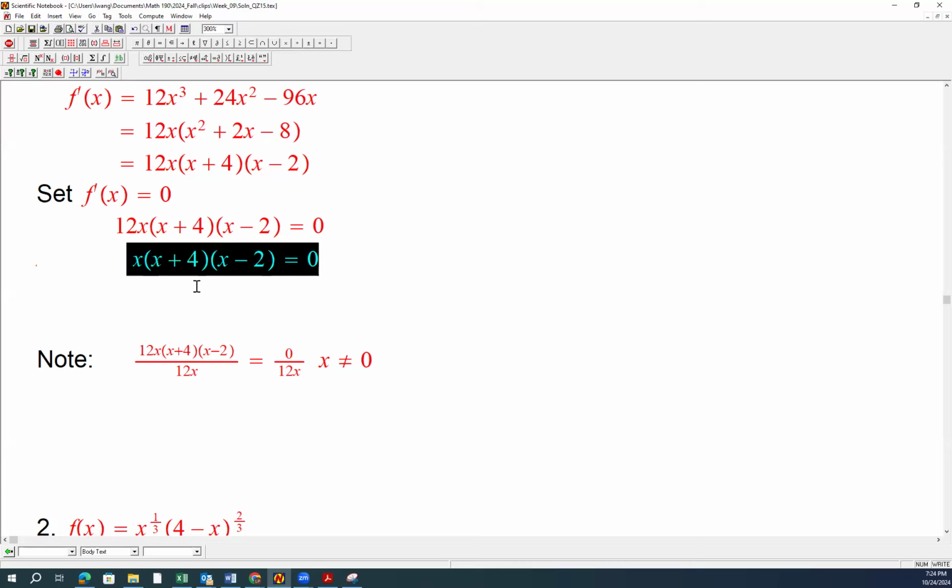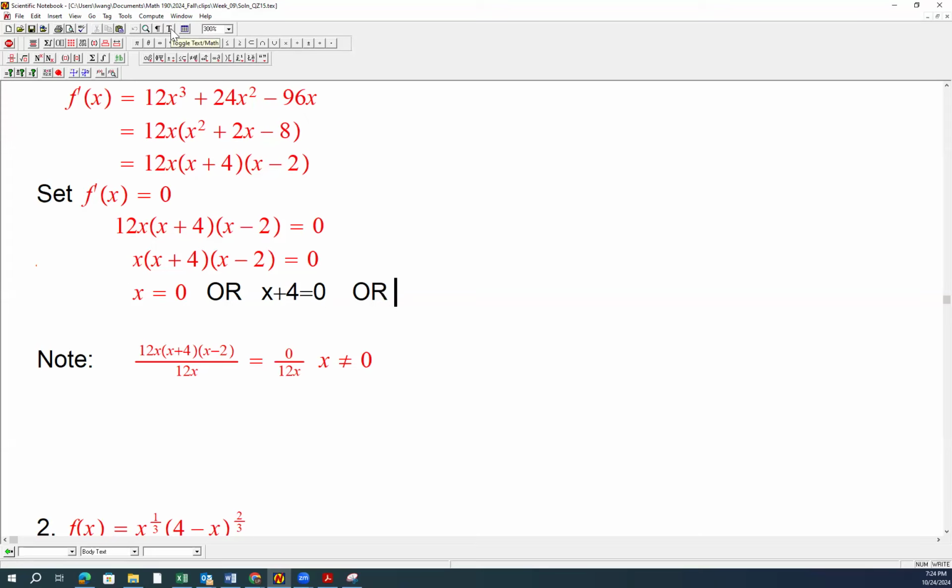So we get to this point, and by mathematical principle number 5, that will be either x equals 0, x plus 4 equals 0, or x minus 2 equals 0. So there are 3 cases that make this equal to 0.